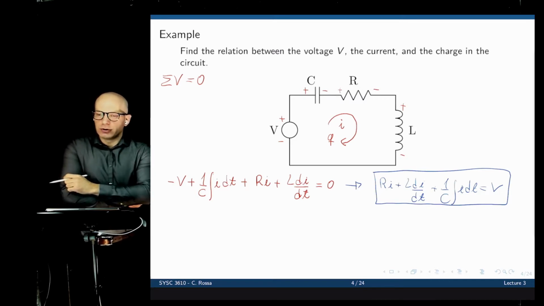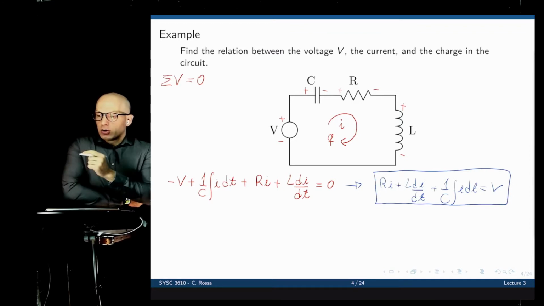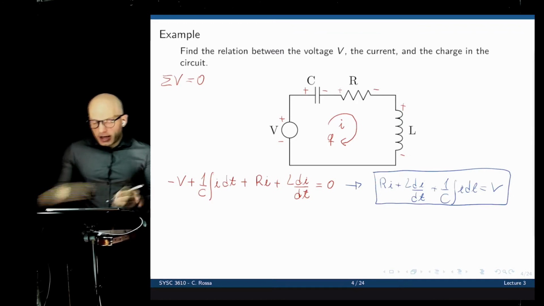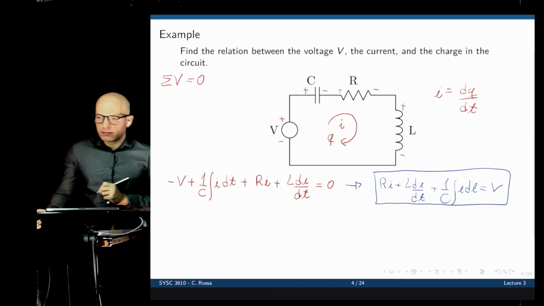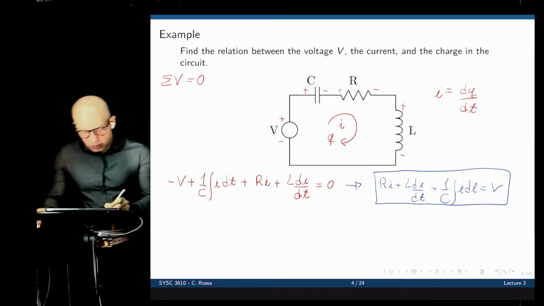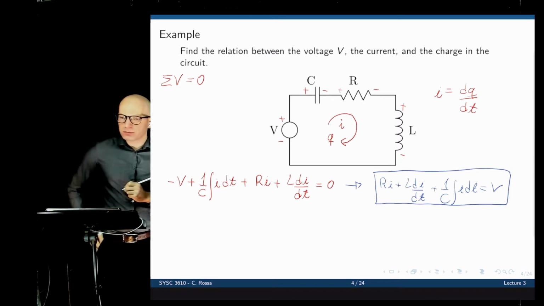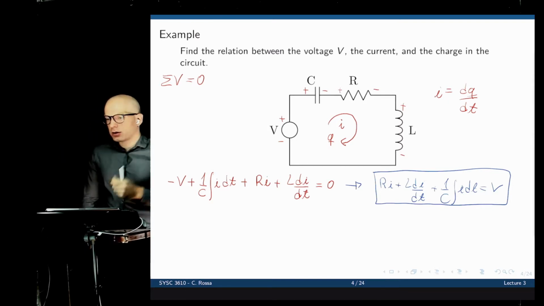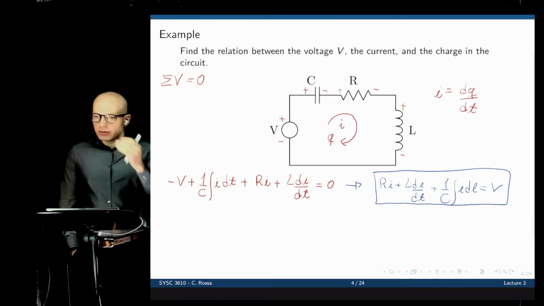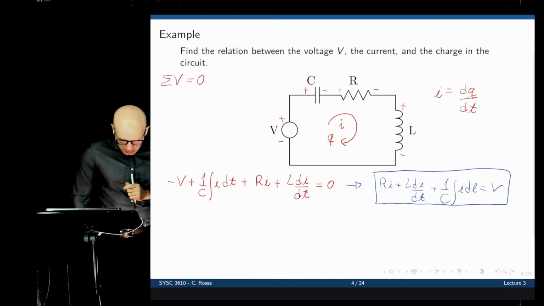Which can be expressed mathematically as I equals the derivative of the charge, dq dt. Right? The amount of electrons that have passed through a portion of the network at a given instant in time, or the flow rate of electrons. The derivative of the charge over time is the current.